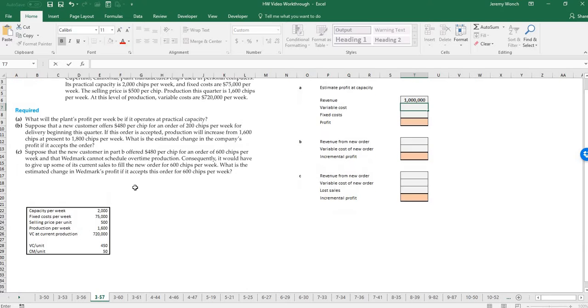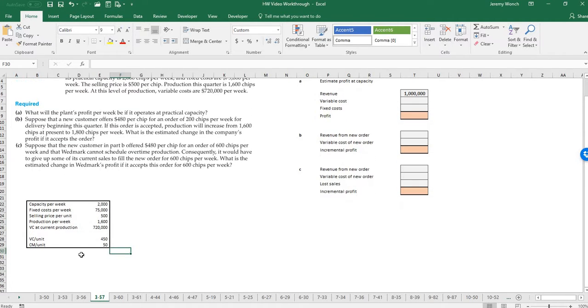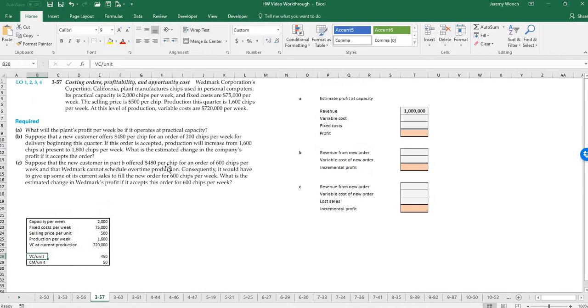And so what we did down here was they just made this little box that grabs this information and plugs it into Excel. We broke down the contribution margin per unit and the variable cost per unit. One thing to look at here is it says that the variable costs were $720,000 per week based on this level of production, which is the 1,600 chips.